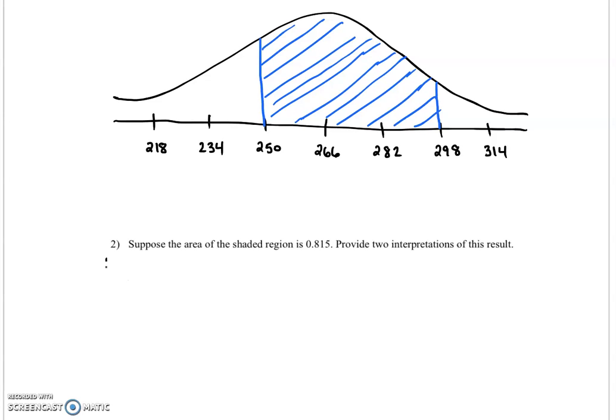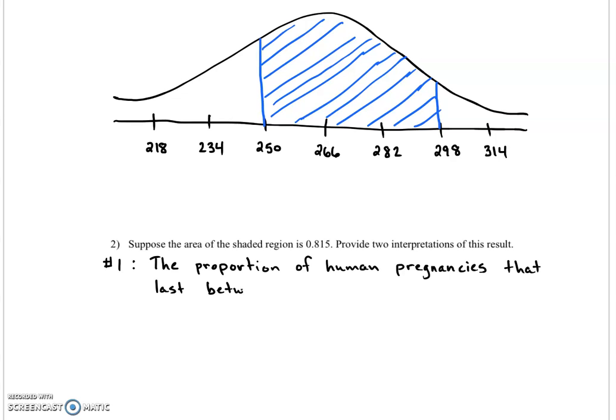Provide two interpretations. So, number one, the proportion of human pregnancies that last between 250 and 298 days is 0.815.